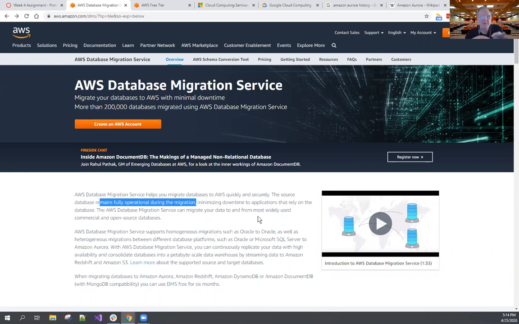Hook up two databases, make them synchronize, and man, the transition to a new database, that's pretty good. I like that a lot. So let's read a little bit further though, because this service has a cost to it.